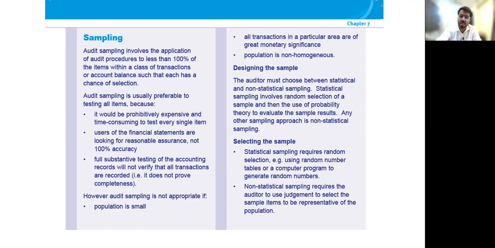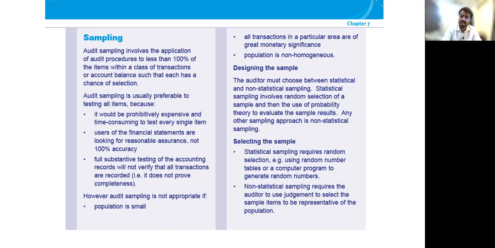Next, see the next bullet. All transactions in a particular area are of great monetary significance. Every item in the population is of great monetary significance. Every item is of a high value. This is generally applicable in the fixed assets area.